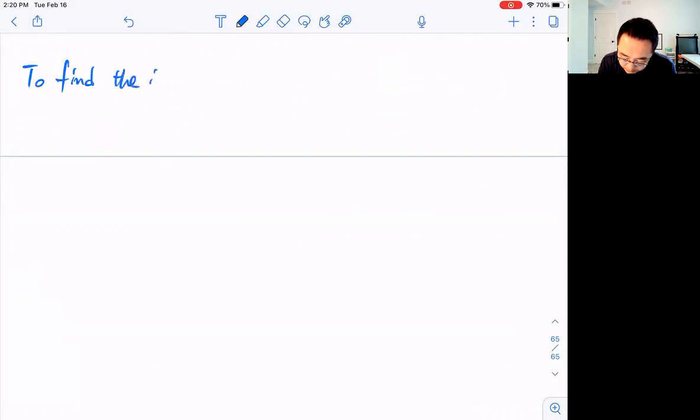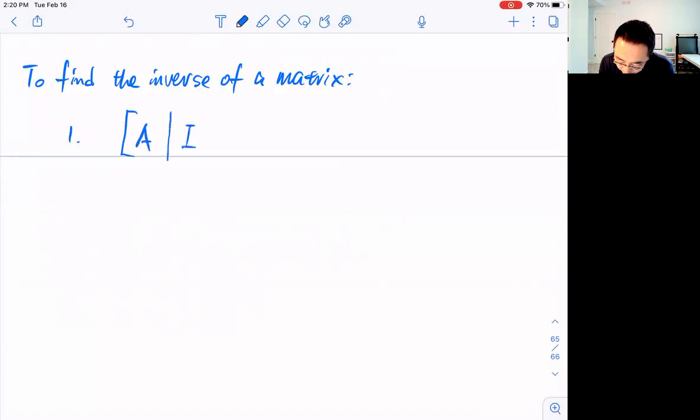Step 1, you want to form an augmented matrix where you list A right here, put a vertical line, and then put the identity matrix on the other side. You create this, and both are n by n. So A and I are n by n. You just list the two matrices side by side with a vertical line dividing them.